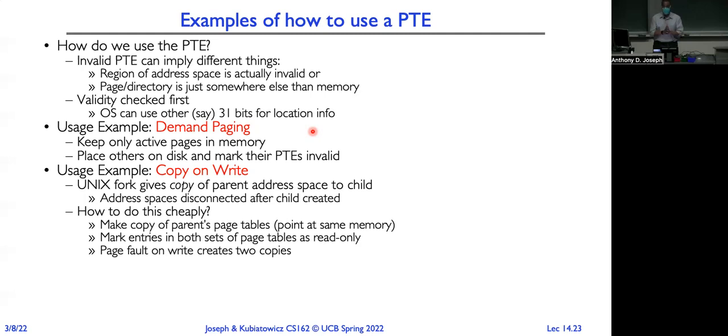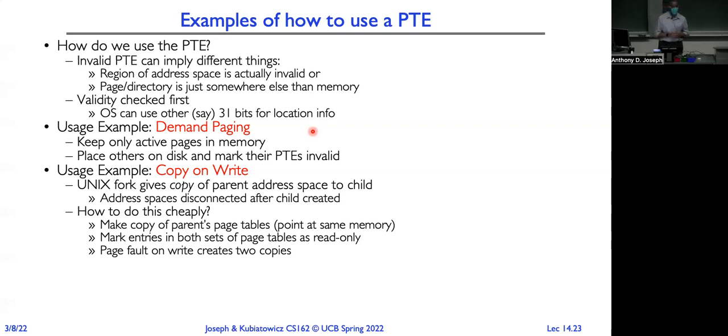So now it'll take that page and clone it. Create two copies, one in the parent, one in the child, and mark both pages as writable, read-write, and then restart the instruction. So that's where copy on write comes from, because we're only going to copy the pages when the child or the parent actually tries to do a write to them.